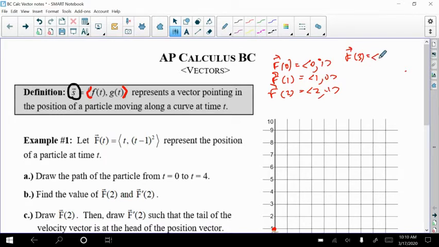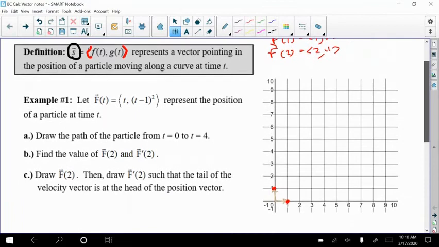Put a little vector hat, use the vector symbol, 3, 3 minus 1 is 2, 2 squared is 4, and then the vector at 4, and I'll connect these here, 4, 9. So I'm going to go ahead and put in 2, 1, and then 3, 4, and 4, 9.